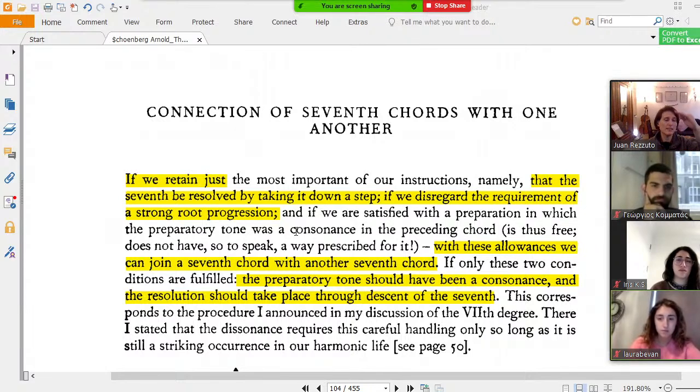One, that the seventh has to resolve down a step. And two, that the seventh has to be prepared and has to be a consonant in the previous chord.